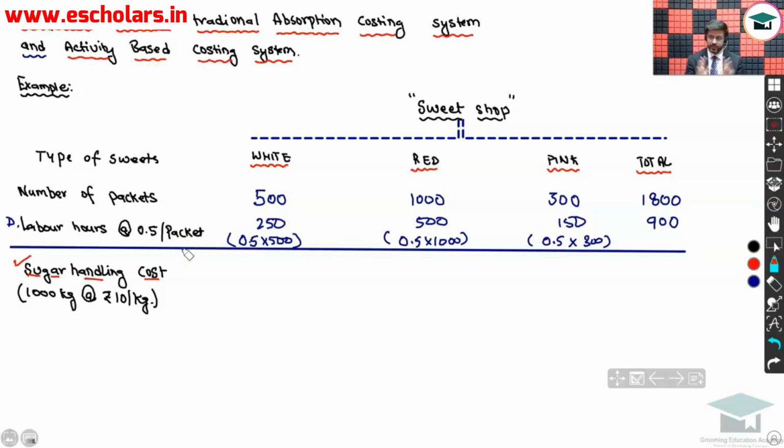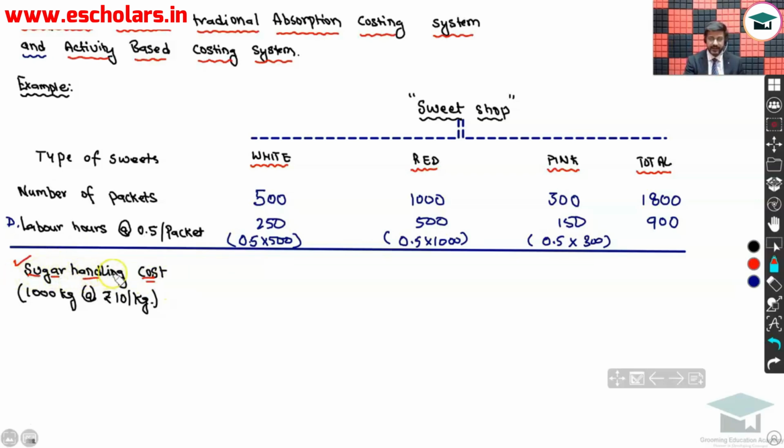Now what do you mean by handling? Handling here means to load something, to unload something, to carry something from one place to another with proper care. Cost we already know. Now let's read these three words together.